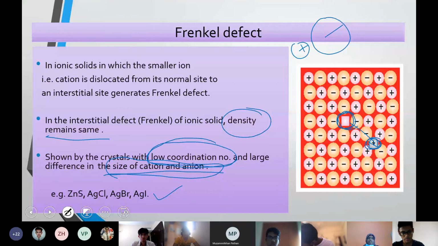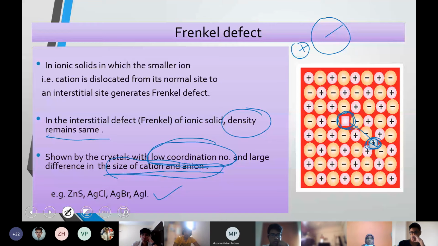Yeah, some crystals can, because here silver and bromine can show, maybe because of the high coordination number they show Schottky, but because of the difference in the size of the ions they show the Frenkel defect. So there are certain compounds. It can be due to either low coordination number or due to a large difference in the size of the anions and cation.